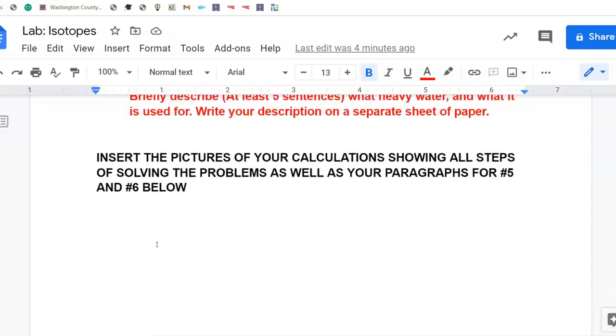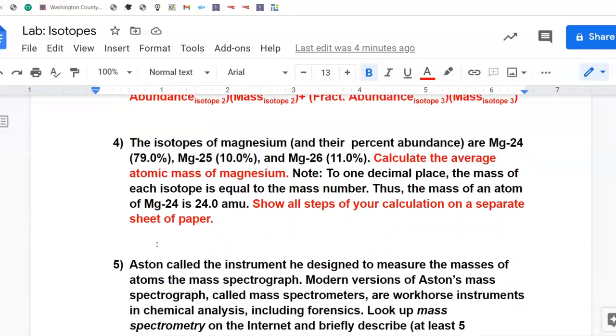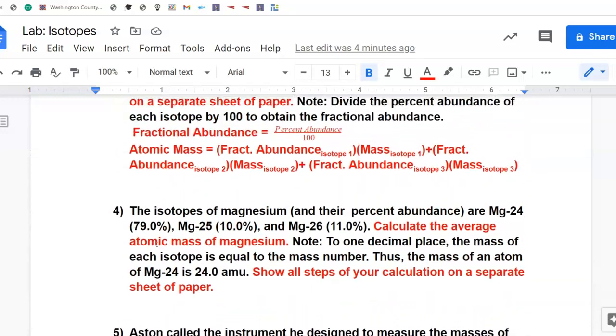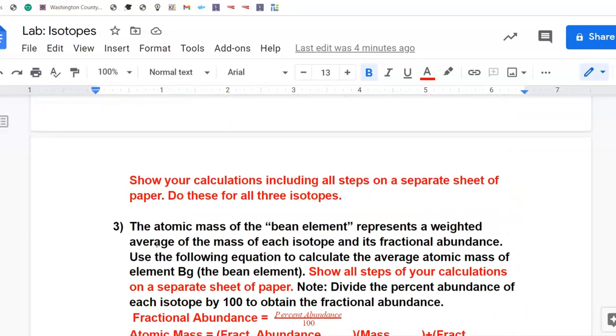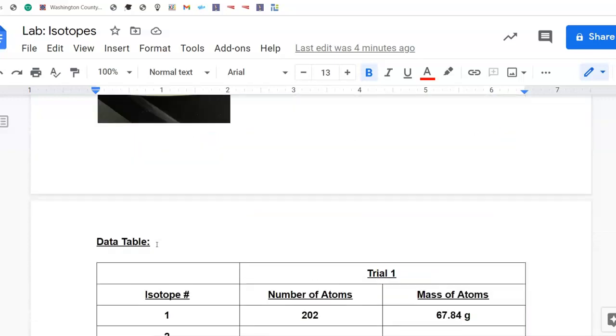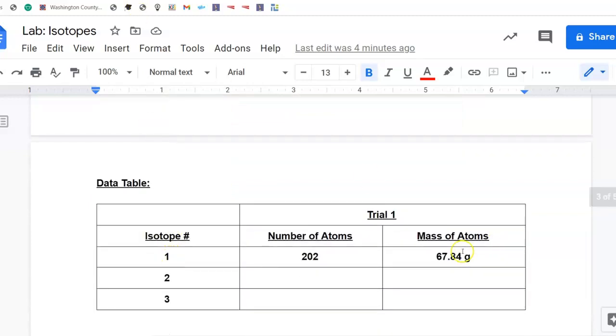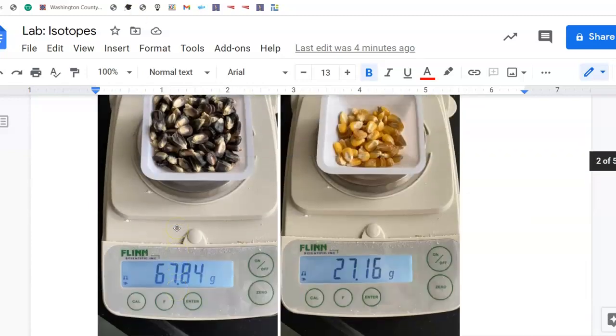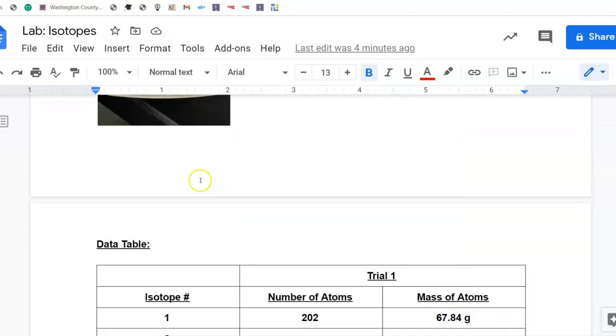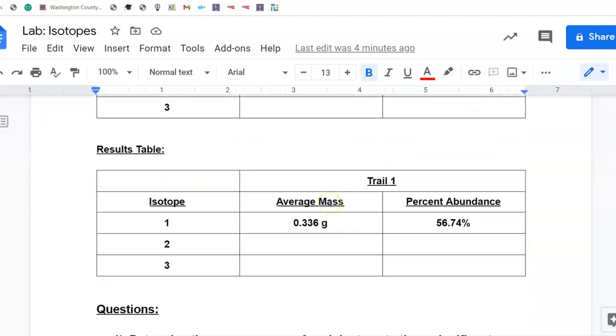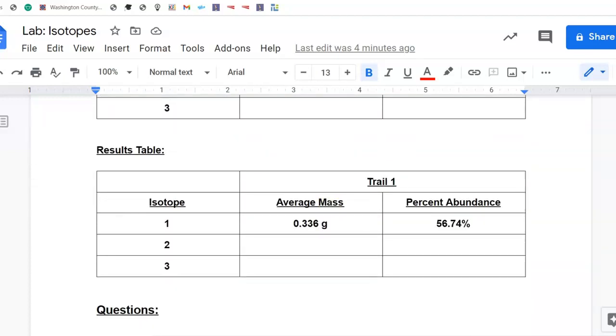If you have any questions about the calculations for this lab, please send me an email. Again, here's where you find the mass of the atoms, and here's where you find the number of atoms as well. If you have any questions, please send me an email.